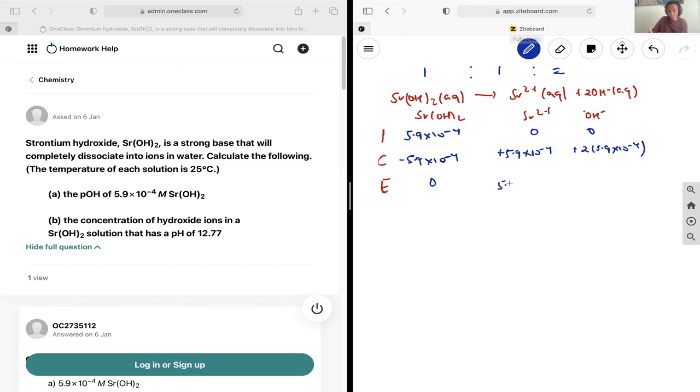This is going to be left with 5.9 times 10 to the negative 4 molar at equilibrium, and this is going to be left with 1.18 by 10 to the negative 3.